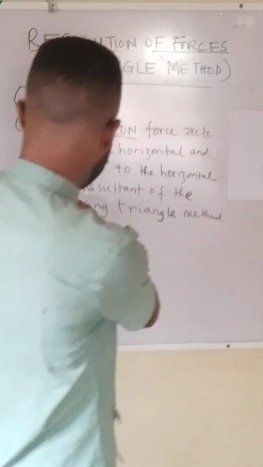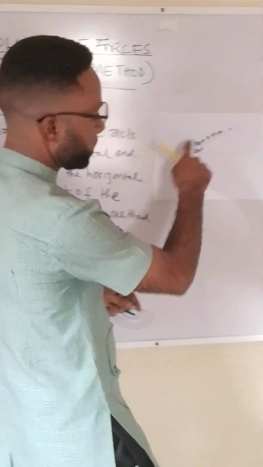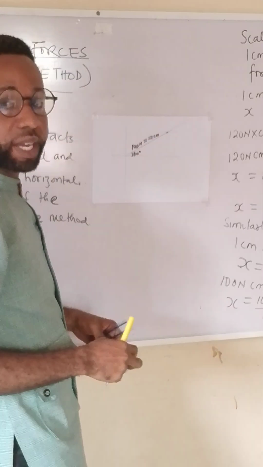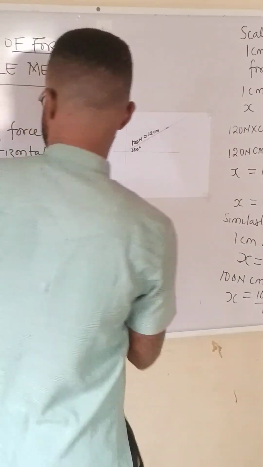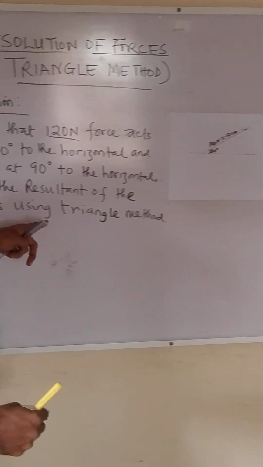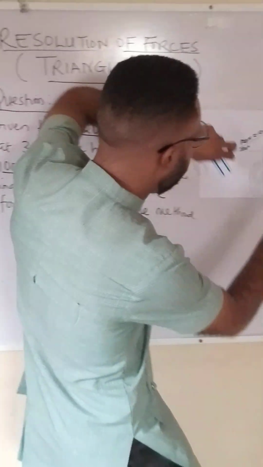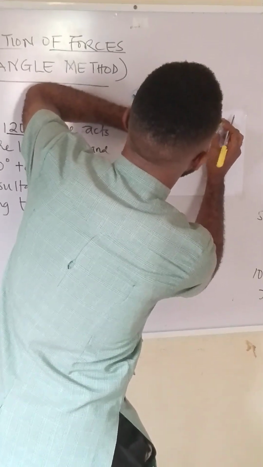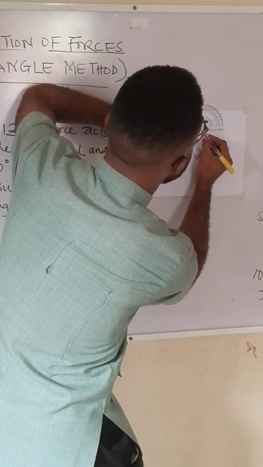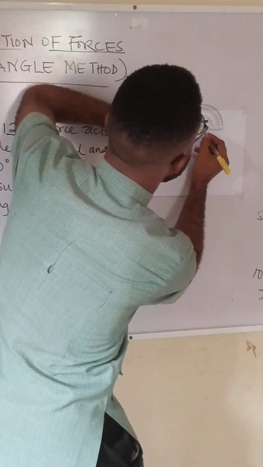And then for the 100 Newton force, we do the same thing. First, to establish a reference point, we have a straight line here. Because it is inclined to the horizontal at 90 degrees, we place the protractor here, and this is where the 90 degree point is.